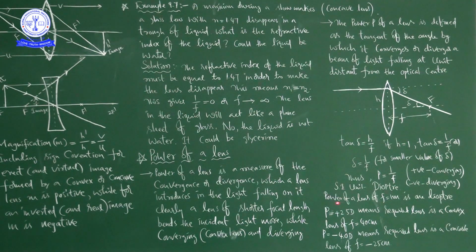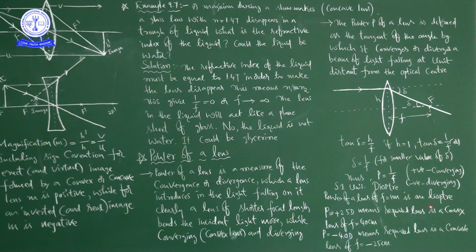Next, power of a lens of focal length 1 meter is 1 diopter. You just write 1 meter here. Then what will happen? 1 by 1 is 1. So if f is equal to 1 meter, P is equal to 1D.